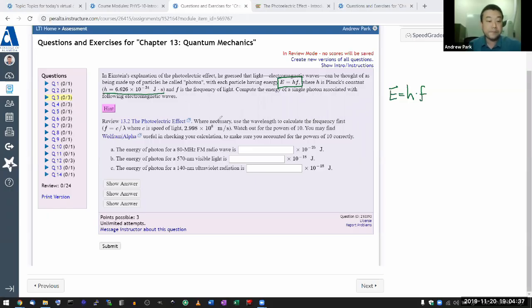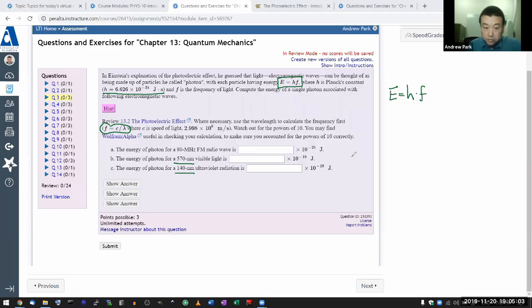And now you do need to recall from earlier wave chapters this relationship between the frequency and the wavelength. That's why I'm giving you that relationship, because for some of these questions, you'll be given the wavelength instead of the frequency. So you have to be proficient in doing the calculation.